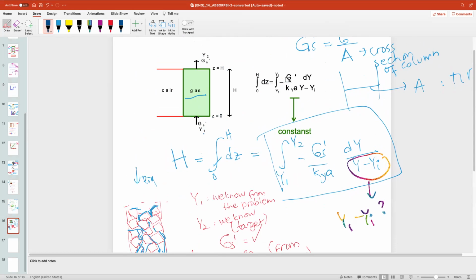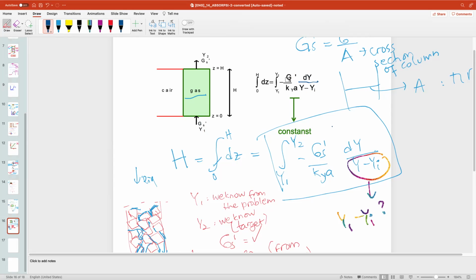Why negative? Because Y is decreasing. Y1 is the higher one, the input gas that contains much solute that we want to remove, and we have the clean gas here, so this is negative. Then GS' divided by KYa multiplied with dY over Y minus Yi.